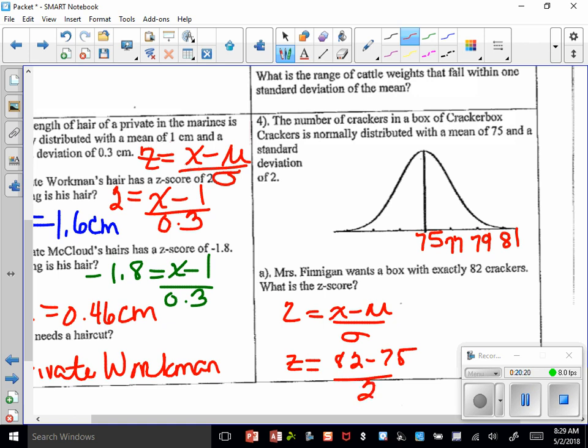Divide that by 2, what do you guys get? 3 point something. All right, so 3.5, and we knew it was going to be greater than 3 because at 3 standard deviations, you're at 81. Okay, and we probably could have figured out 4 would have been, you know, and then halfway in between. All right. Okay. All right, guys.